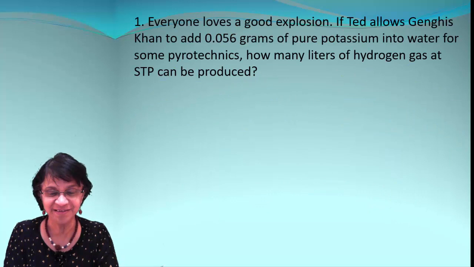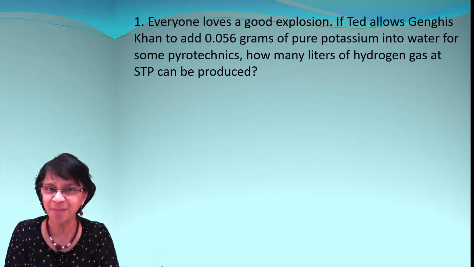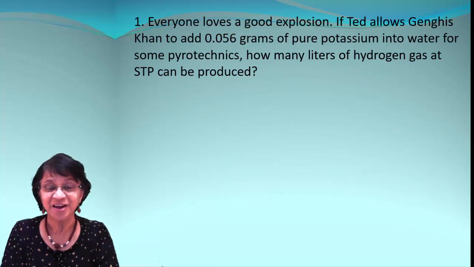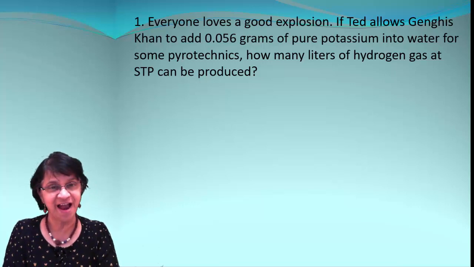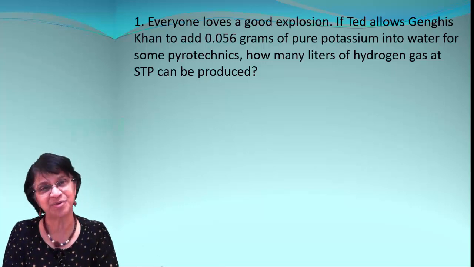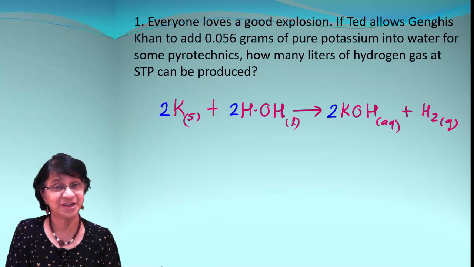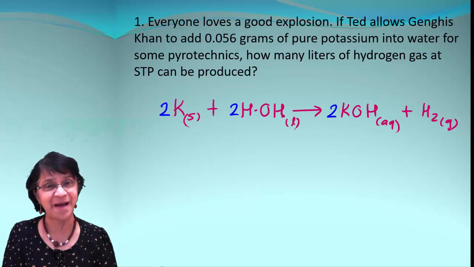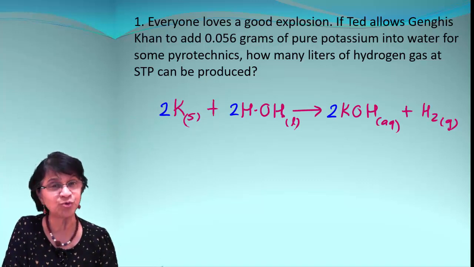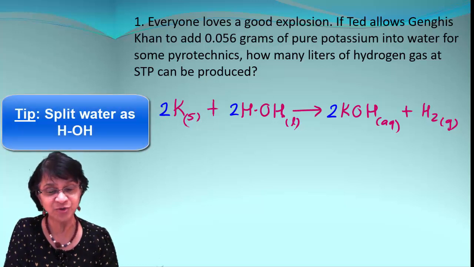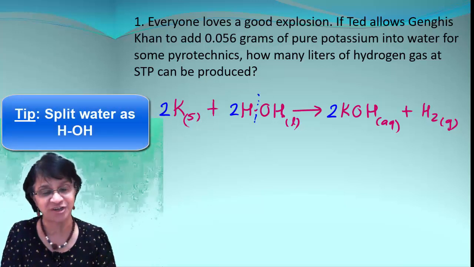So let's begin working on our first problem in this practice. Notice first which are the reactants, and you may have to predict the products. Okay, so there you go. This is my balanced reaction. I also want to give you one hint. Usually when you write water, it helps if you write water as HOH.